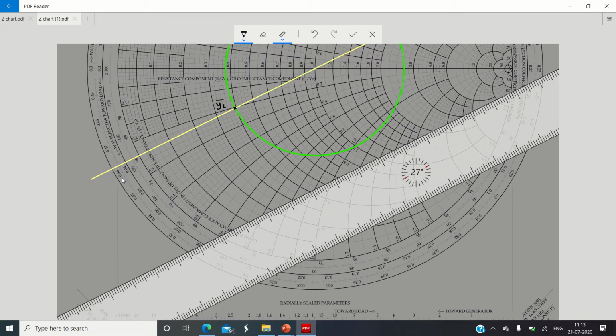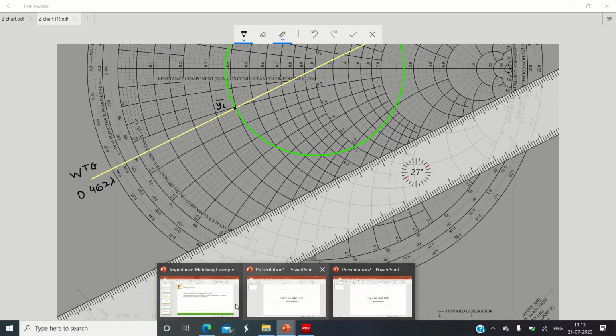It is observed that it is between 0.46 and 0.47, around 0.462. So WTG equals 0.462 lambda.